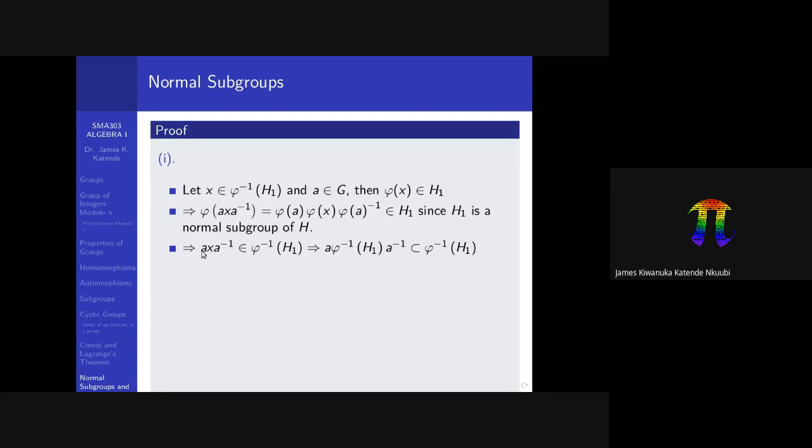So if you pick any element A in G and any element X in the preimage of H1, then A X A inverse will be in the preimage of H1.